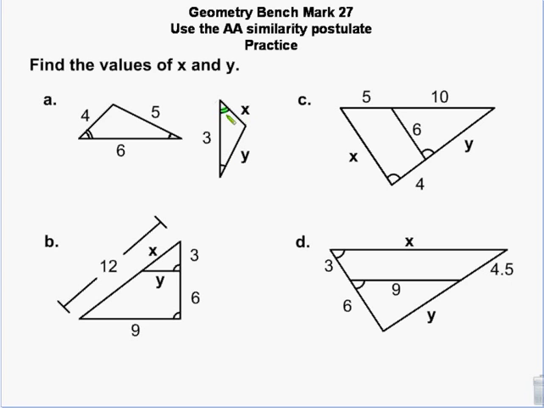But we still have these angles together, so 4 and x would be in the same position. And then this angle, 5 and y are going to be in the same position, and 3 and 6 are going to be in the same position. So to solve this, I'm going to need to make the proportion.